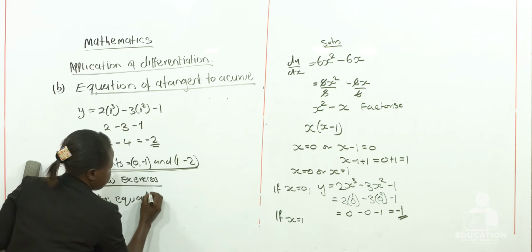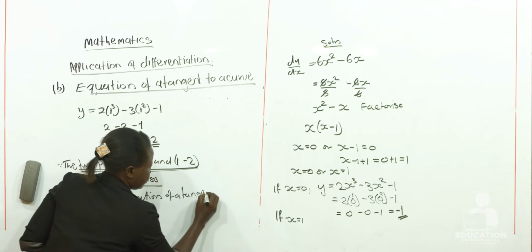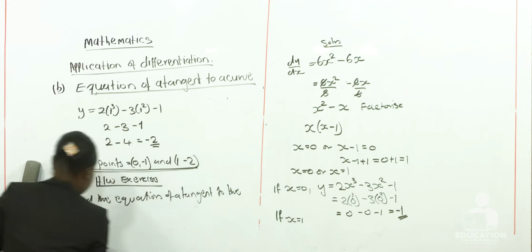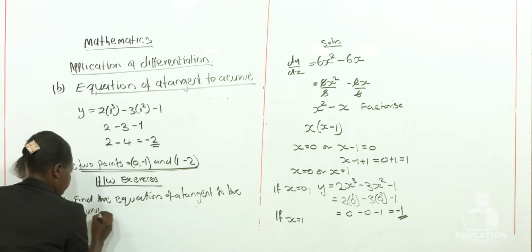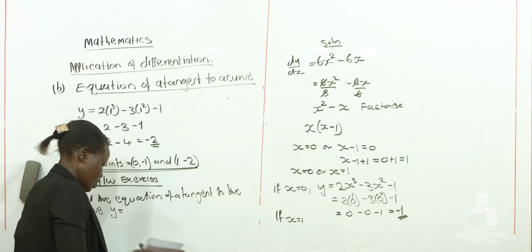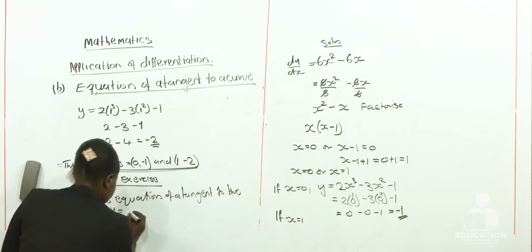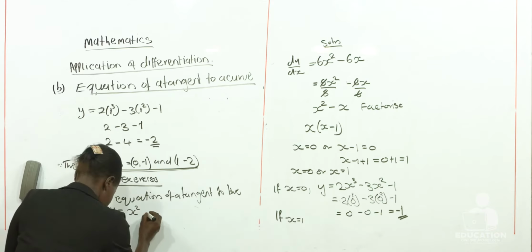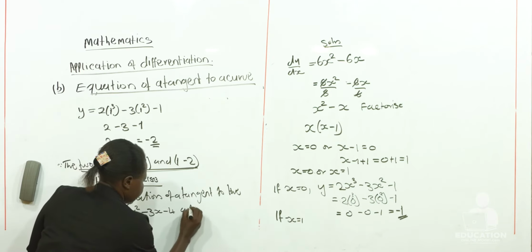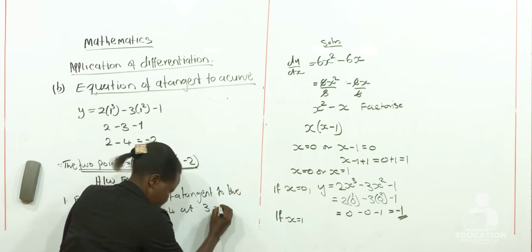Find the equation of a tangent to the curve y equals x squared minus 3x minus 4 at (3, -4).